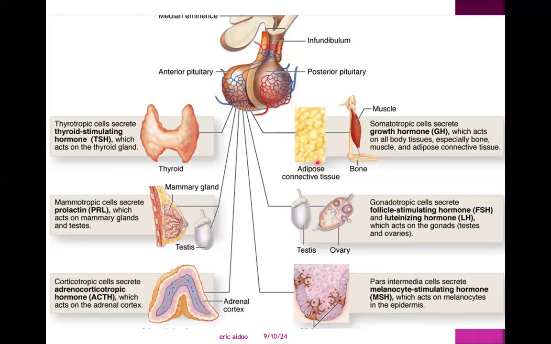Then the anterior pituitary also acts on adipose tissue and helps in growth. So growth hormone also acts on bones and muscles. Then you also have the follicle stimulating hormone of the testis and ovary. And then you have the pars intermedia, which is the intermediate portion of the anterior pituitary, helping to secrete melanocyte stimulating hormone.